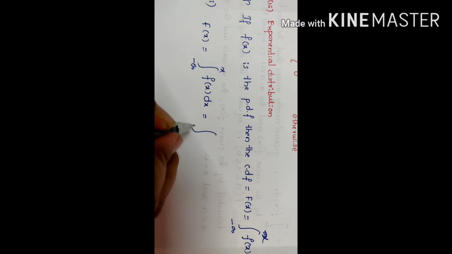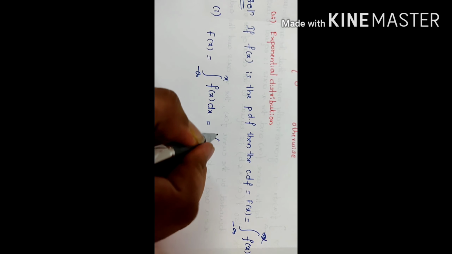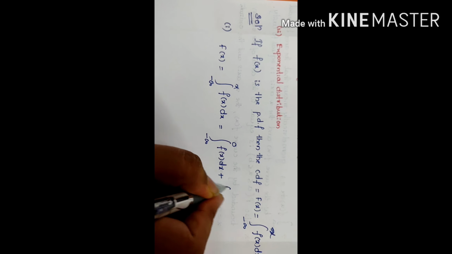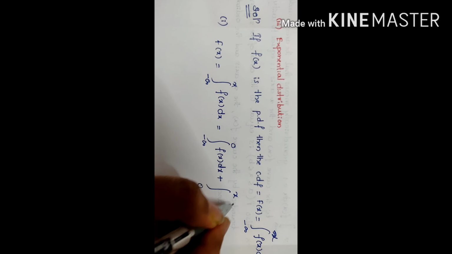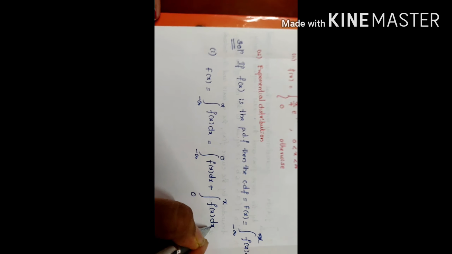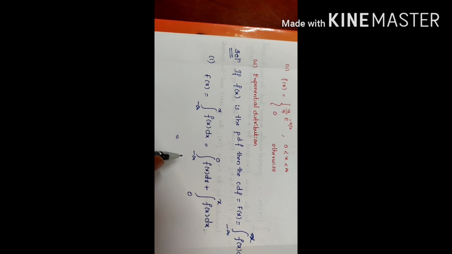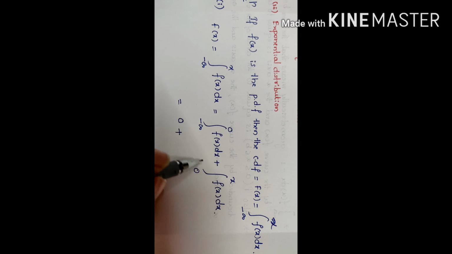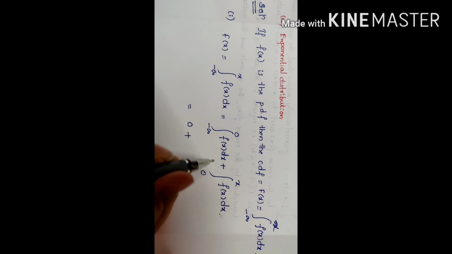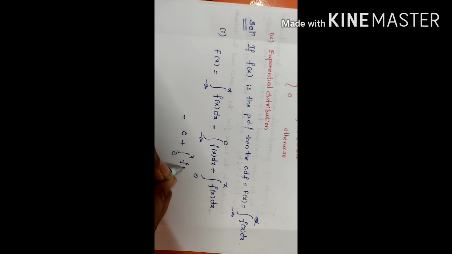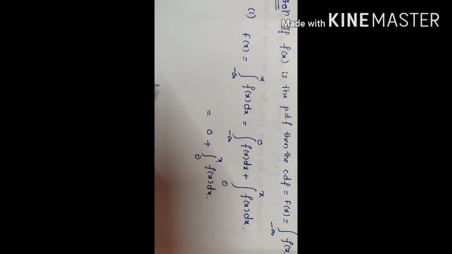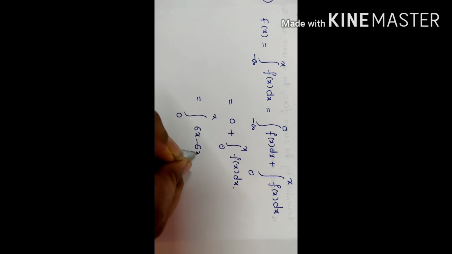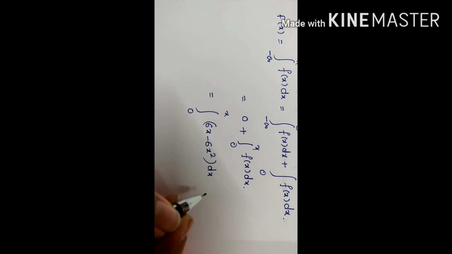How will you split this? Minus infinity to 0, f of x dx, plus 0 to x, f of x dx. But from minus infinity to 0, our function is 0, so that part is 0. We are left with the integral from 0 to x of f of x dx, which is the integral from 0 to x of 6x minus 6x square dx.